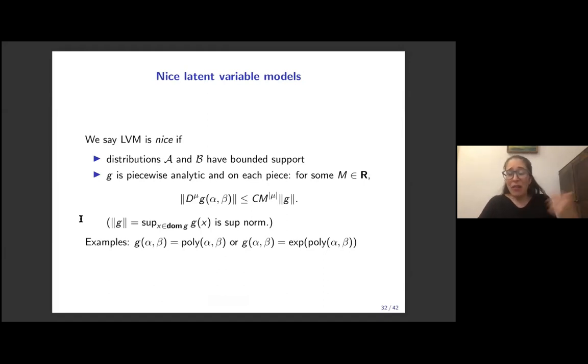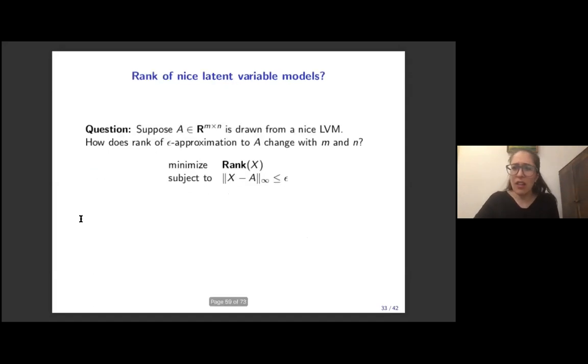Basically, they say that you generate latent variables for the rows from some distribution, generate latent variables for the columns from some distribution, and pick some analytic function that takes the latent variable for the row and the latent variable for the column and produces the value you observe. Plus a tiny extra assumption that's not very important. So that's your model for data generation. It's called the latent variable model.